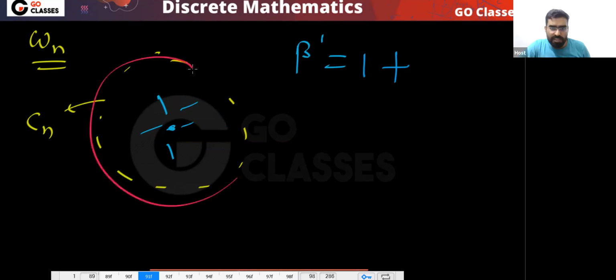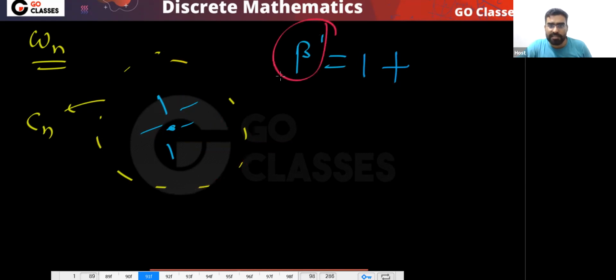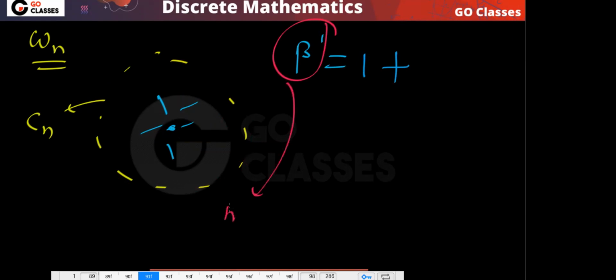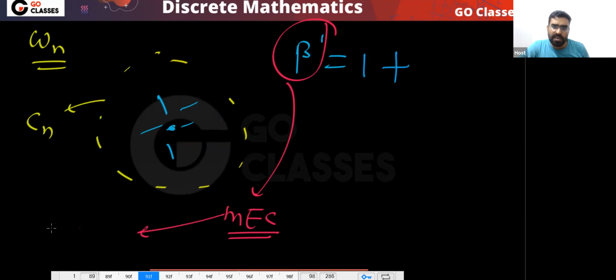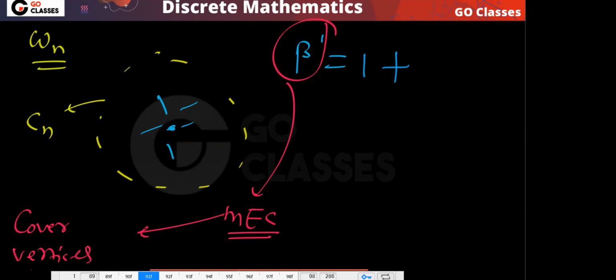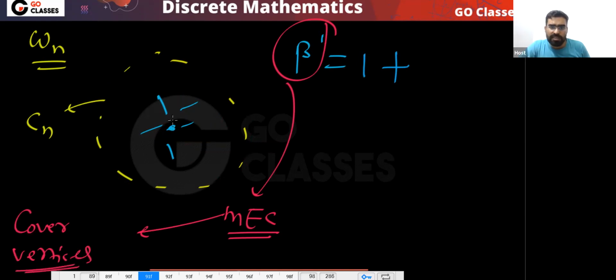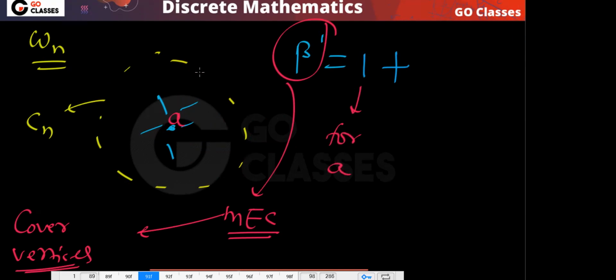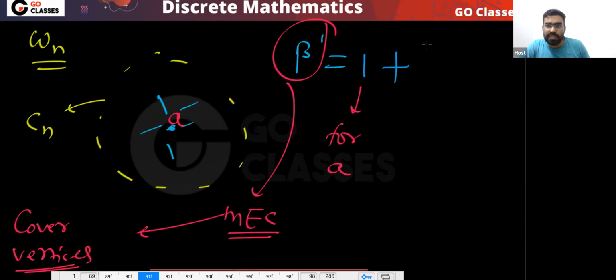And to cover these outer vertices, because you are finding beta dash, minimum edge cover, you want to cover vertices. So to cover this vertex A, you are taking 1 edge, right? Yes, sir. And to cover these vertices, you are taking n by 2 ceil.